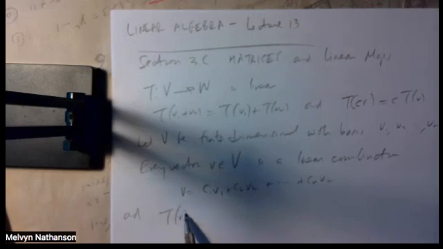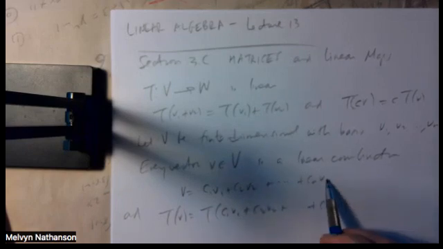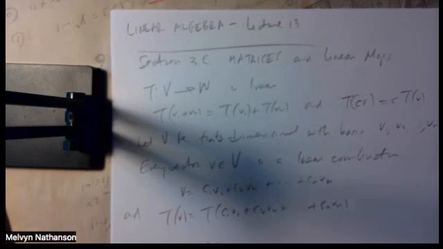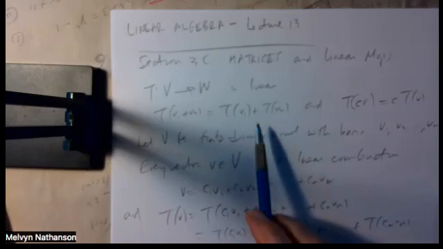And so T of the vector V is T of C1 V1 plus C2 V2 up to Cn Vn. But because T is linear, this is T of C1 V1 plus T of C2 V2, and so forth, up to T of Cn Vn. That's using this property of a linear transformation.